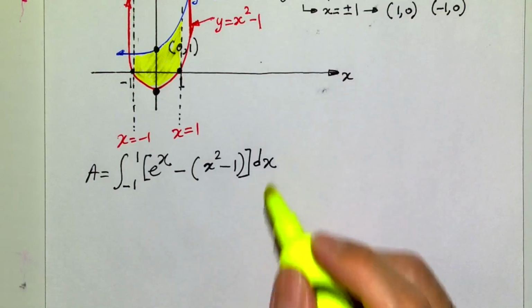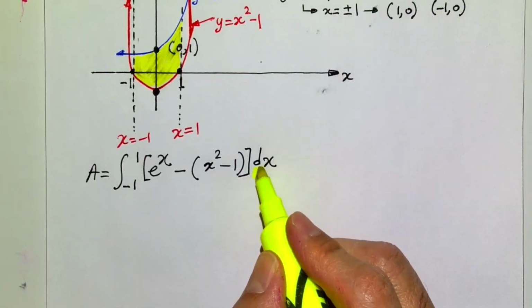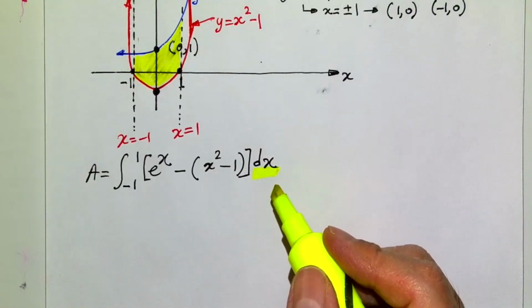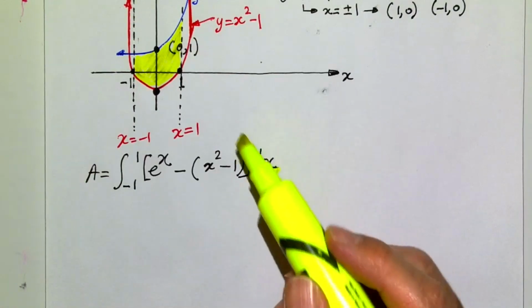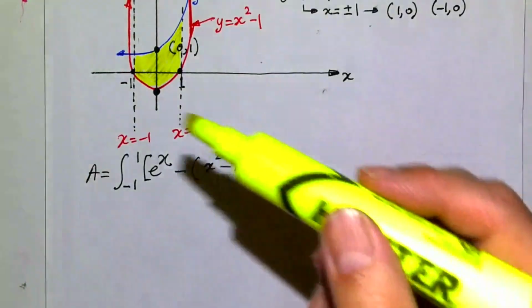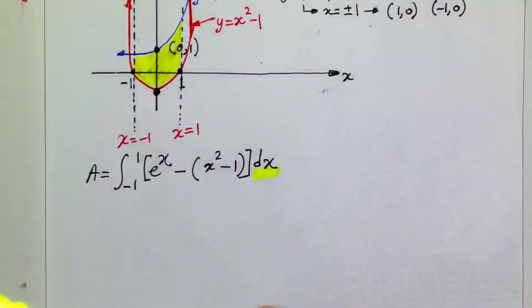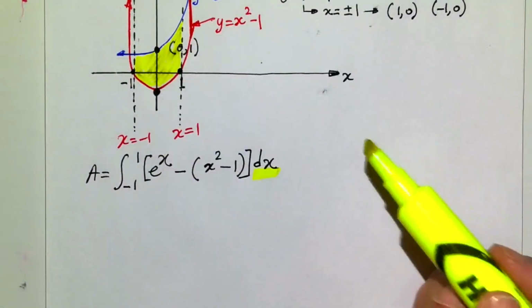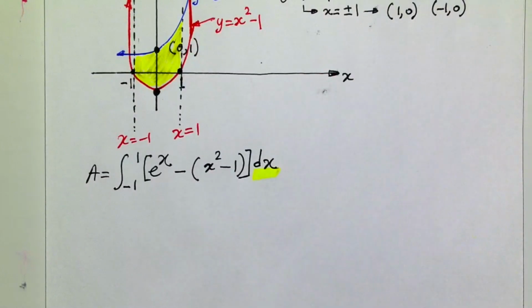So this is pretty critical to note from this point forward in this course, that we have to be mindful about which axis we integrate with respect to. In this case, with respect to the x-axis.